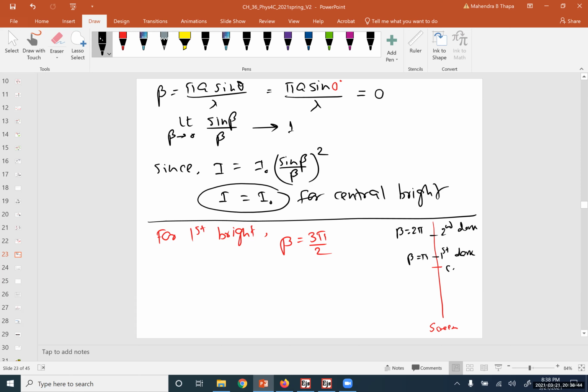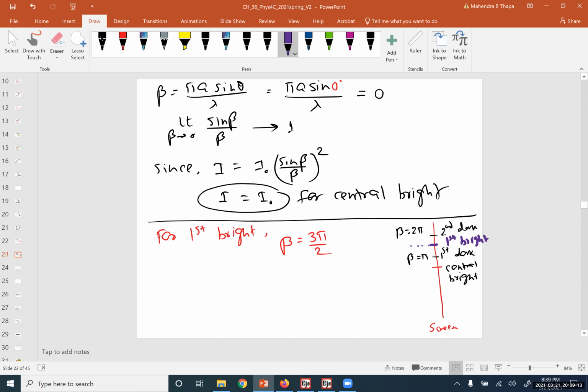This one is the central bright, and the first bright will be here. If this is the position of the first bright, the angle must be in between, so we can take the average value of pi and 2 pi. This will be just 3 pi over 2.